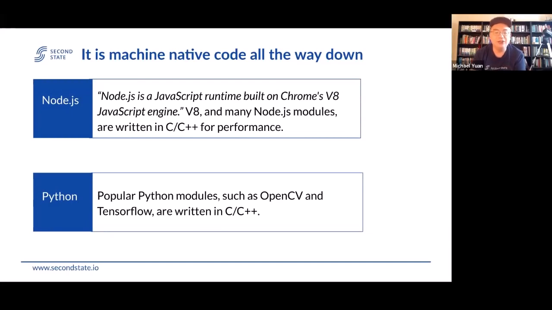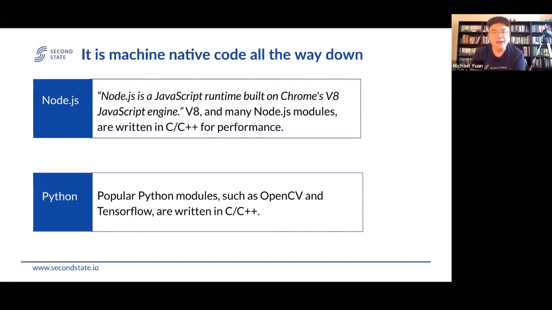It's just providing JavaScript as the interface for developers. So what we would argue is Node.js achieved high performance today not because it's a JavaScript runtime, it's despite its use of JavaScript. Most of the heavy lifting is done by native machine code in C and C++.